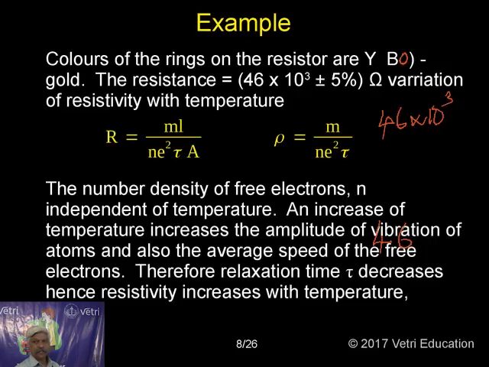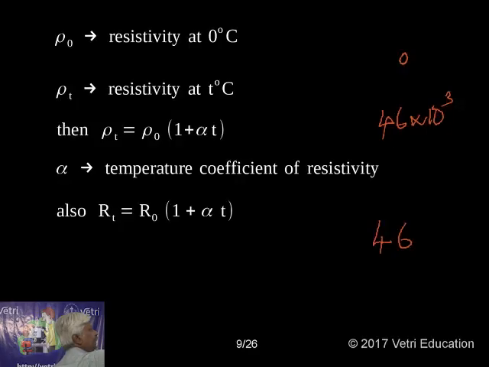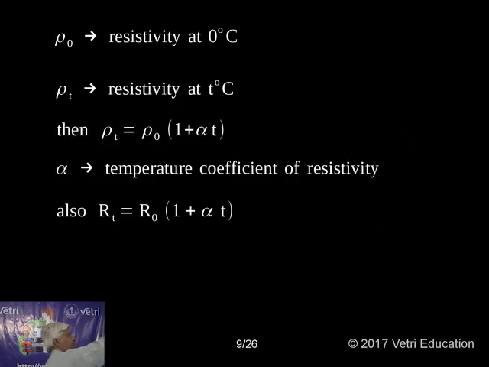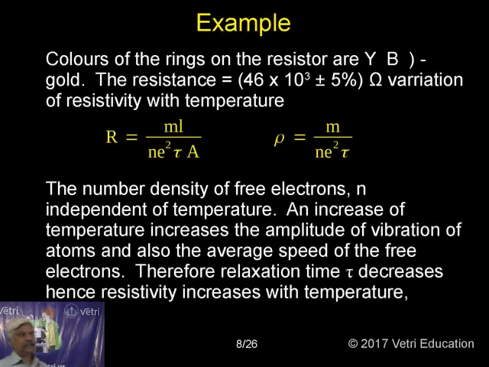Orange is number 3, followed by 3 zeros, so 46 followed by 3 zeros. Since we have a golden color, the tolerance is 5%. We can find out the resistance very easily using the phrase B.B. Roy, Great Britain, very good wife.